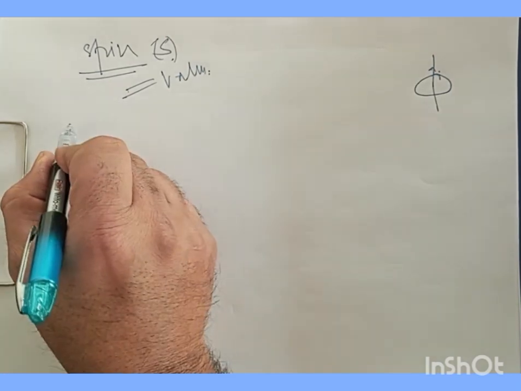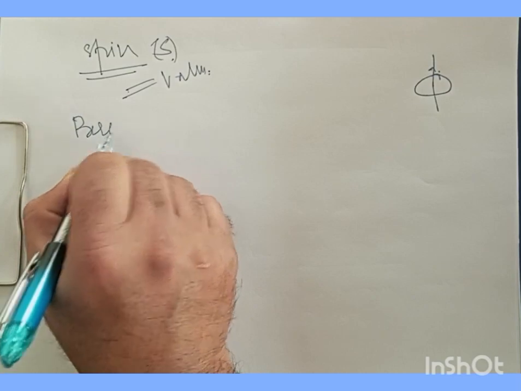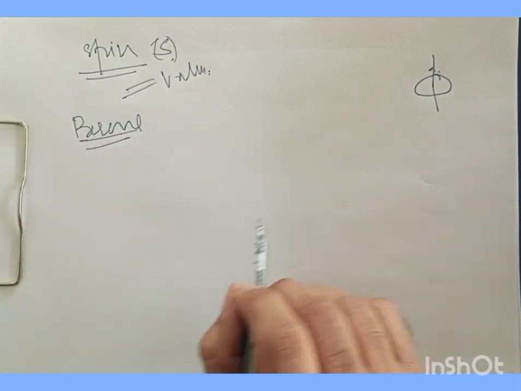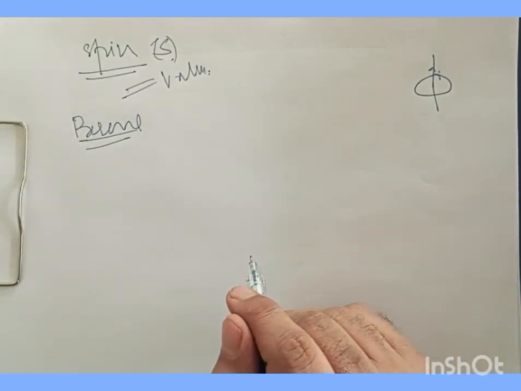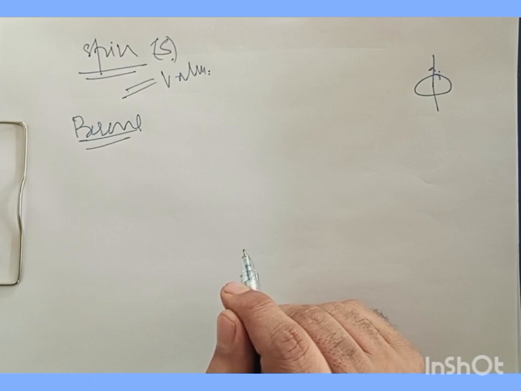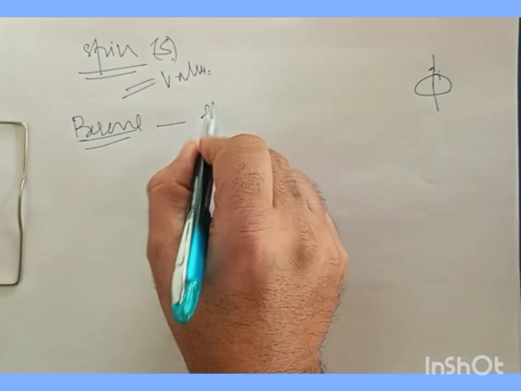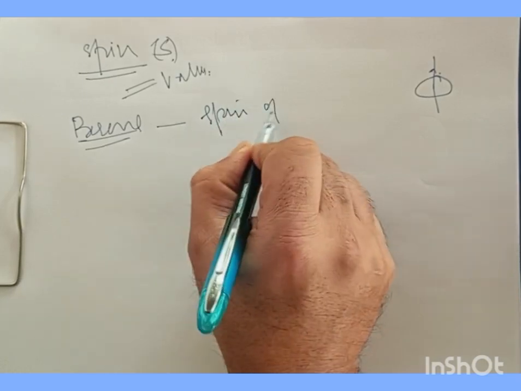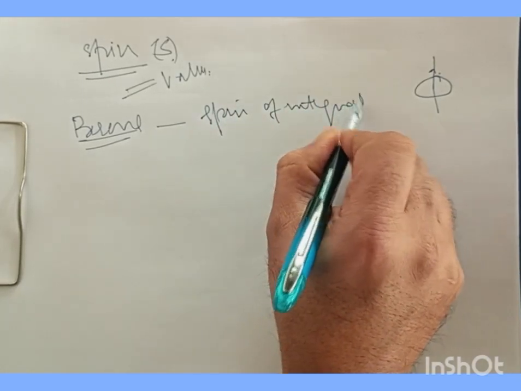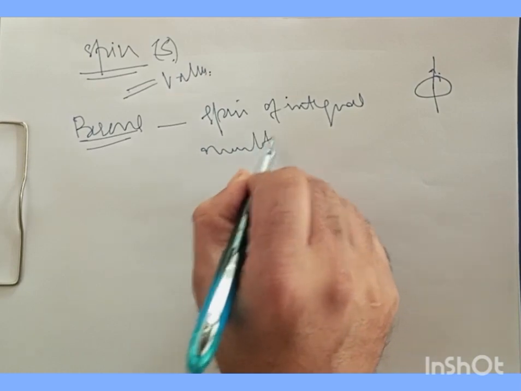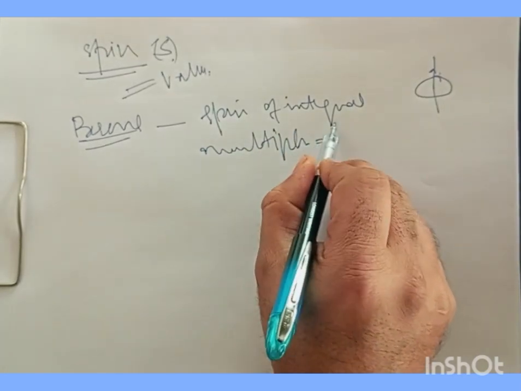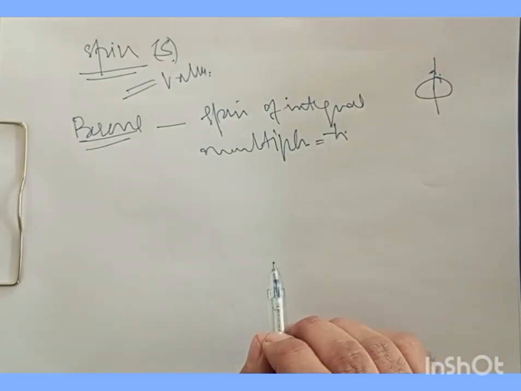Talking about bosons, they are elementary particles that have a spin of integral multiples of h bar, whereas fermions have half-integer multiples of h bar.